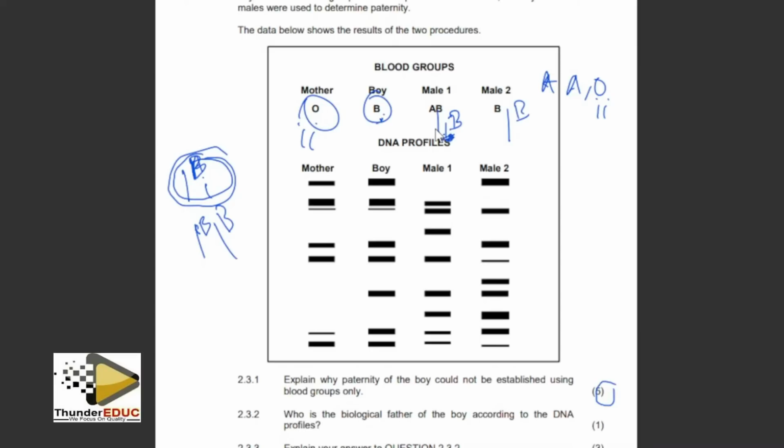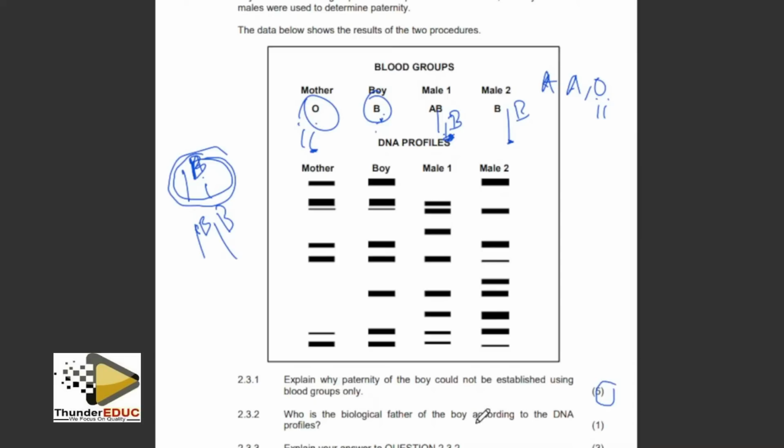Or this one can also give 1 allele for B and get another one from the mother, so he also can be the father. That's why we cannot conclude using blood group who is the father of this boy. As I repeat, blood group can only be used to eliminate the possibilities which cannot happen in a situation.